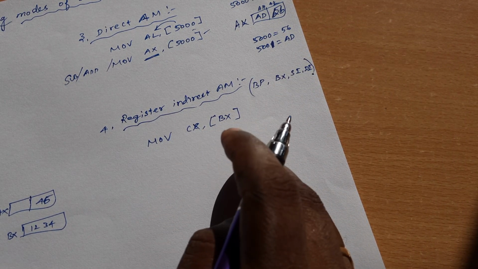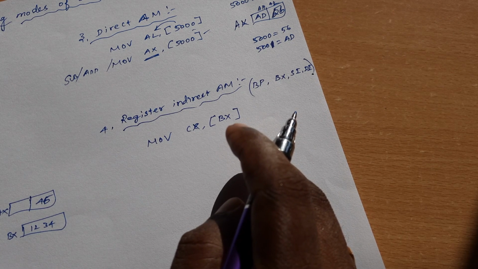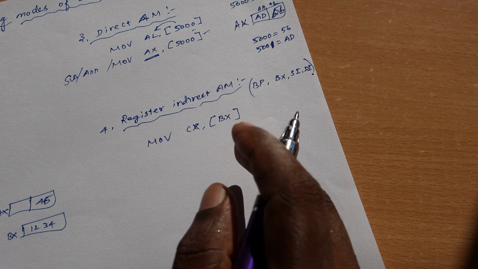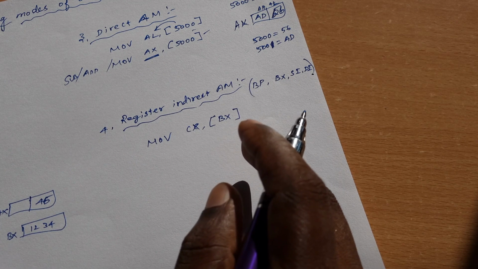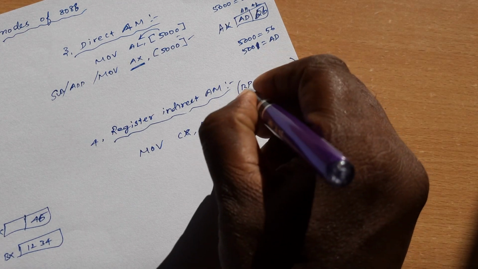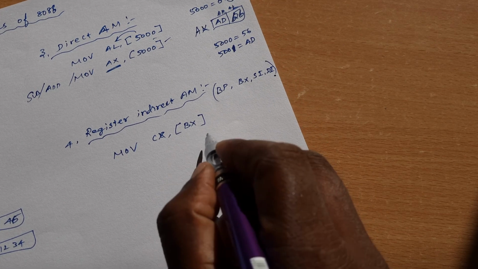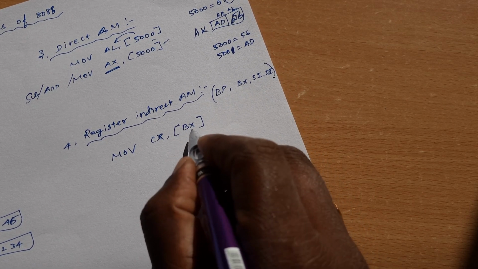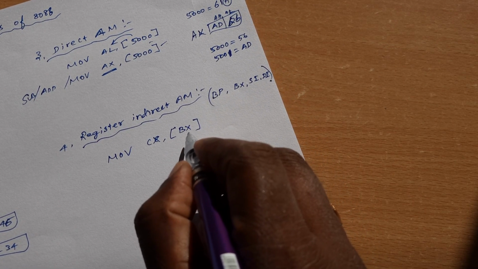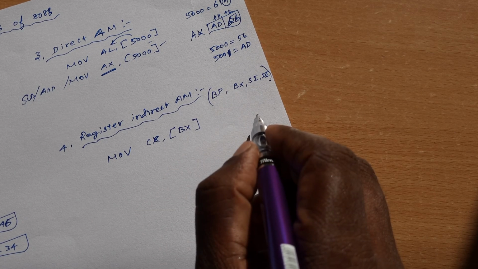Generally, for the general purpose registers you can use AX and DX and CX also, but for the general instruction, not for the specific instruction. So for some specific instructions only you have to use index registers and base registers. So that difference we need to understand. So here BX is having the value that is actually the offset address of one particular location.